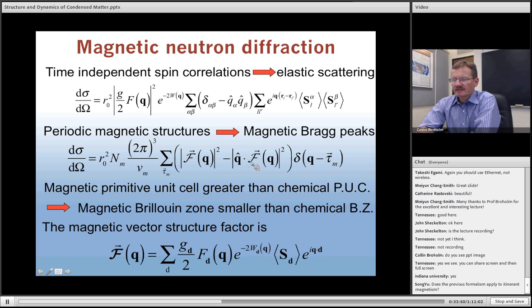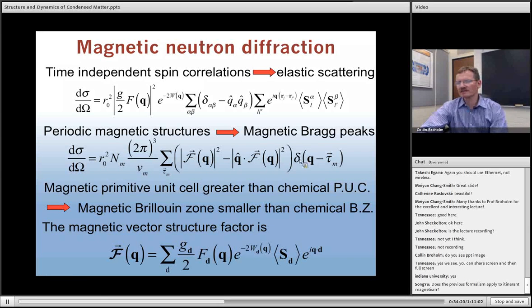And then I can further simplify this expression in this form. Just like in the case of nuclear diffraction, I have a summation over all the reciprocal lattice vectors. I've indexed those tau m because these are the magnetic reciprocal lattice vectors. The magnetic reciprocal lattice might be different from the nuclear one, because I might have translational symmetry breaking, which will introduce additional Bragg peaks, as we'll see in a little.